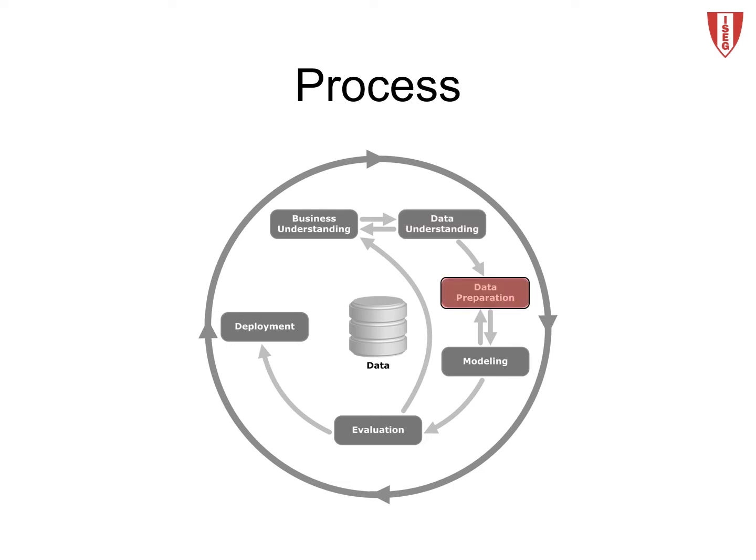Stage 3 is data preparation. Now that we understand what raw data we are dealing with, we prepare it for our analysis and modeling. Data preparation, as it is sometimes called, is simultaneously the most time-consuming and least rewarding, however arguably the most important part of the data mining process.